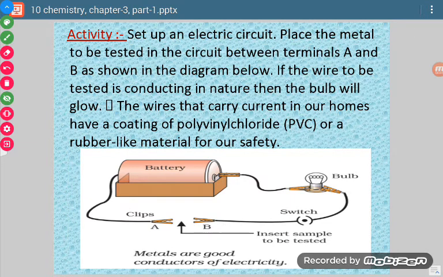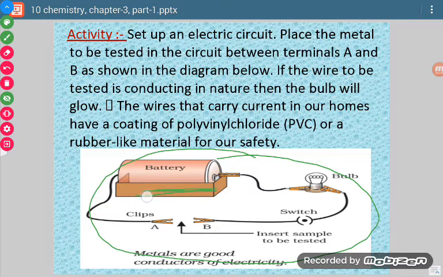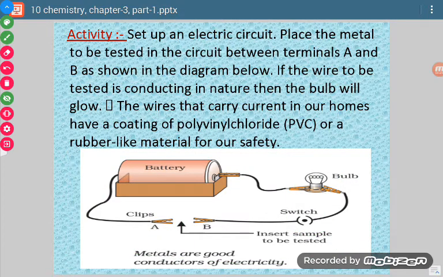Okay, now one more activity. Here we are going to see whether metals are good conductors of current also, whether they can conduct electricity or not. Now just like this diagram, we will set up our apparatus. Here this is a battery, here it is a bulb, and here we have taken a switch, and here we have broken the wire and made two ends, A and B. If we connect A with B, then the circuit completes, and if we switch on, the bulb will glow.